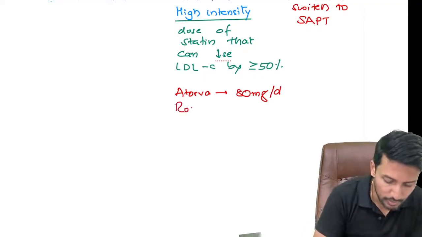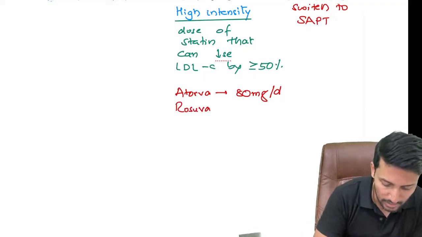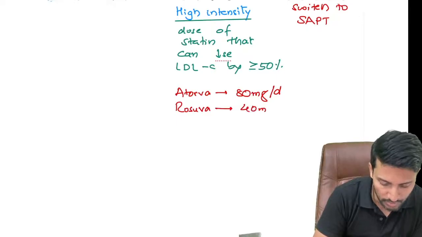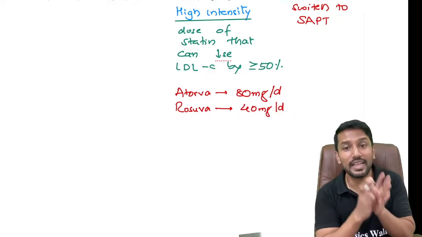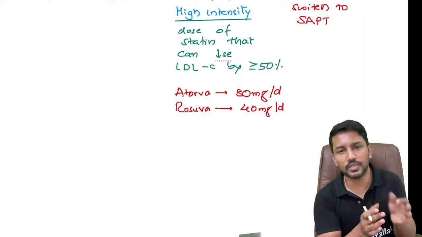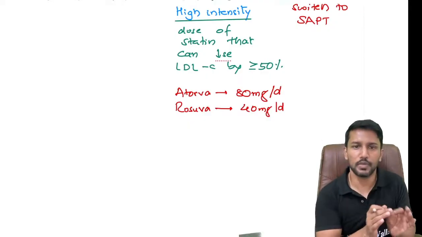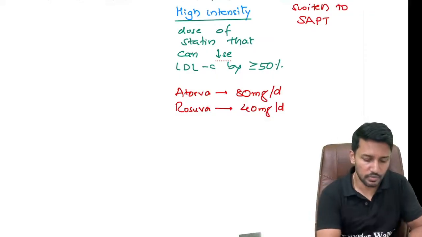But I can achieve the same result with rosuvastatin if I'm using 40 milligrams. So that is how we make a choice. We have to use a high intensity dose: atorvastatin 80 milligrams per day, or rosuvastatin 40 milligrams per day.